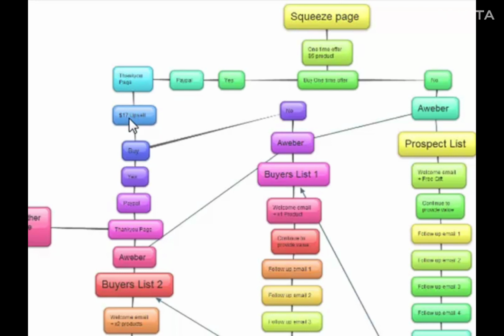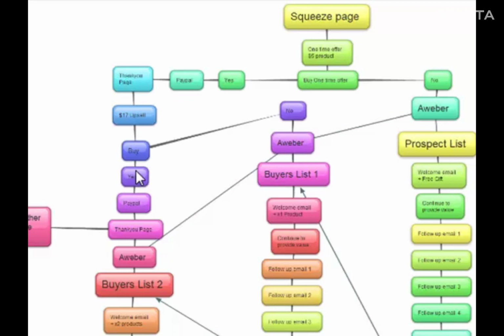Remember what I said, it all depends on how much you charge at the start. But because we're charging like $5 in our one-time offer, $17 seems like a good amount to charge for our upsell. So then you give them the opportunity to buy your upsell product, which is obviously a related product to the first one. If they buy that, that's fantastic.